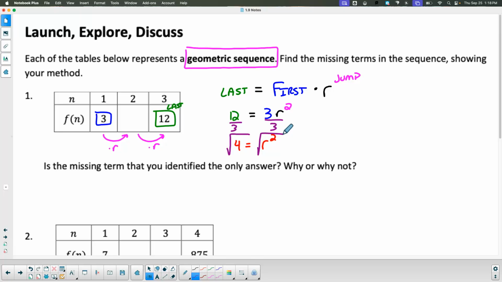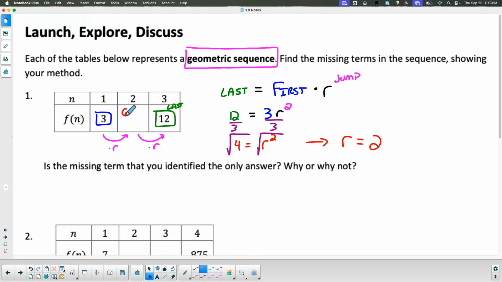What's wrong with 2? Right, so then this would be 6. Right, does that work? 3 times 2 is 6. 6 times 2 is 12. Yes? Yeah?